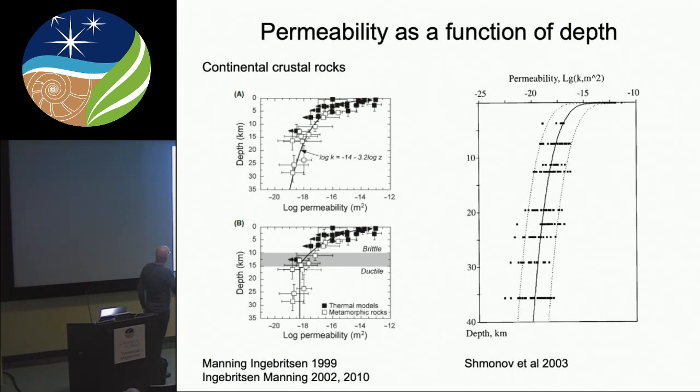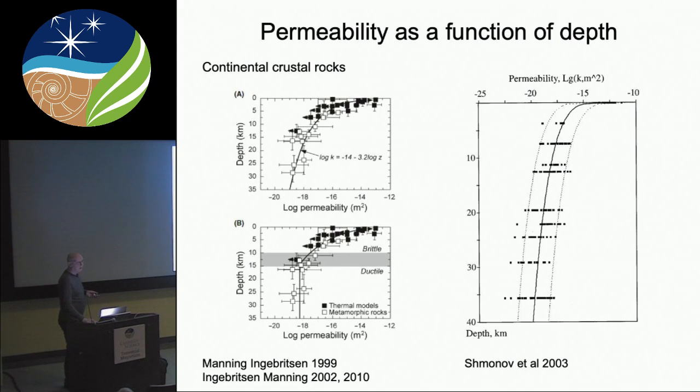And these are the compilation of data that they use to fit some law which is either continuous or considers two different regimes in the brittle crust and in the ductile crust, by which we get down to permeabilities of about 10 to the minus 18, 10 to the minus 19 square meters. And there are also some direct measurements of rocks that come from different depths by Shmonov and co-workers that give values that are essentially similar.